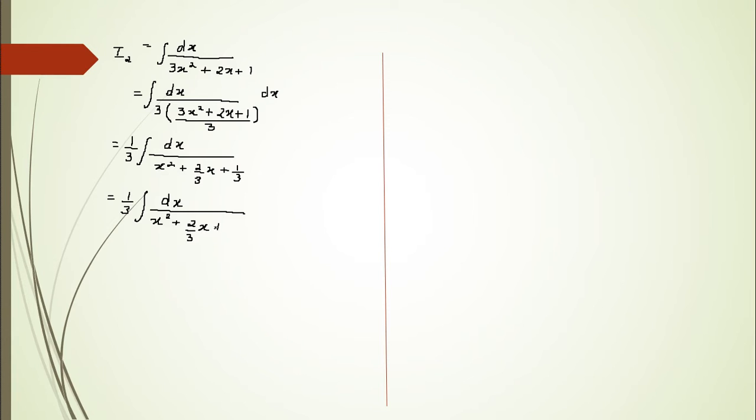Now I'll add 1 by 2 into coefficient of x whole square. So 1 by 2 into coefficient of x is 2 by 3. So into 2 by 3 whole square. Right? So that is 1 by 3 whole square. So I'll also minus 1 by 3 whole square. And I'll have to add 1 by 3. Right?